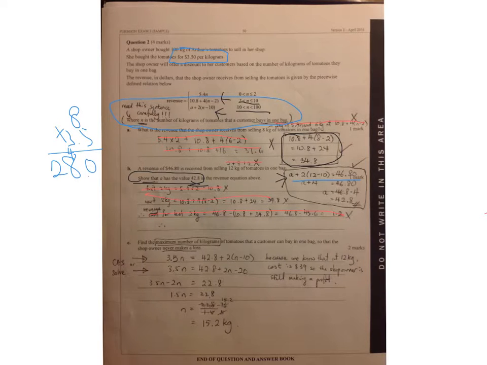Now, when she sells 12 kilograms, okay, 12 times 3.5, $42, okay?